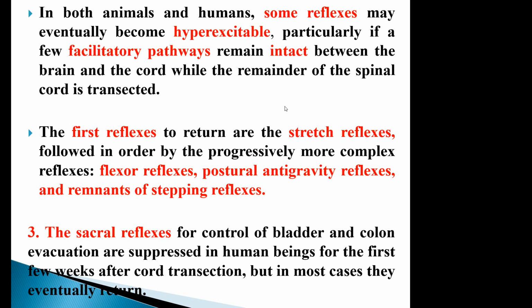In both animals and humans, some reflexes may eventually become hyperexcitable, particularly if new facilitatory pathways remain intact between the brain and the cord while the remainder of the spinal cord is transected.